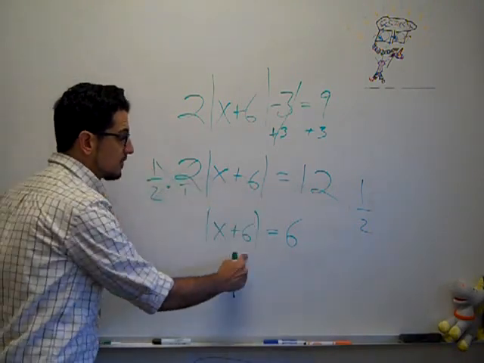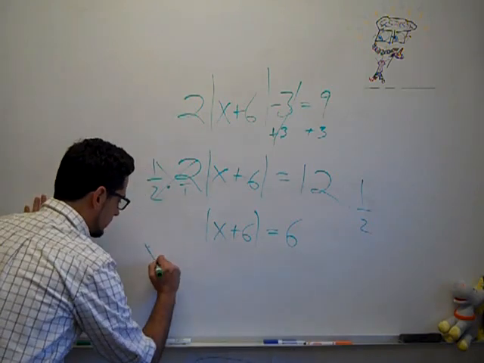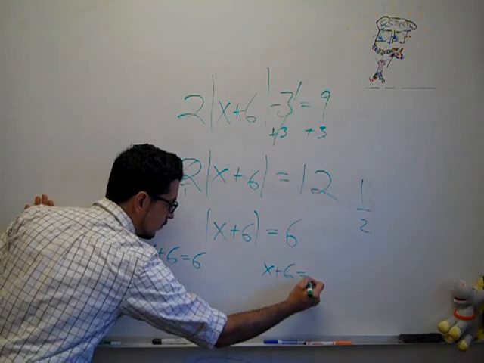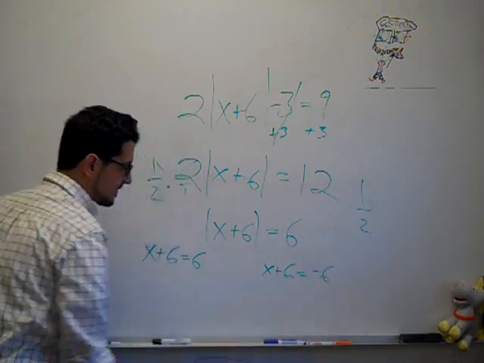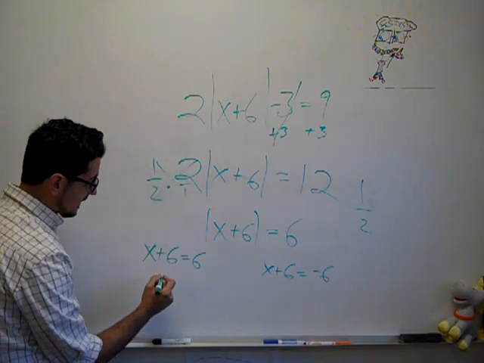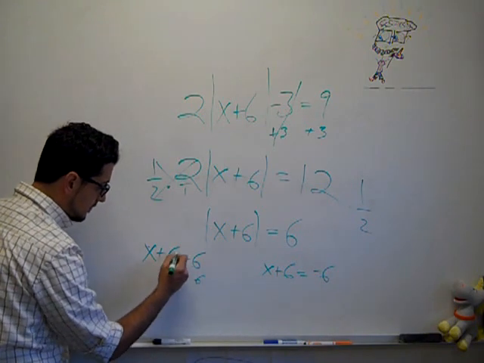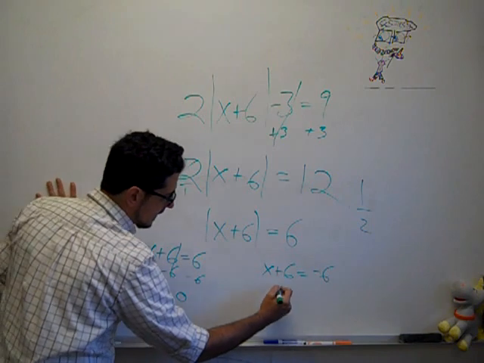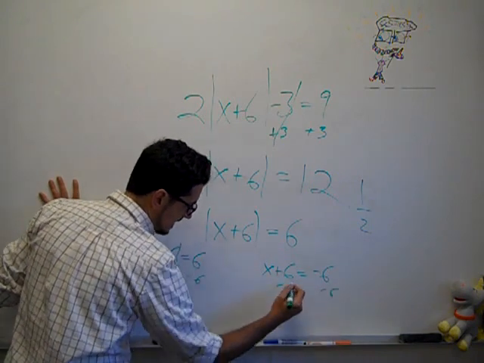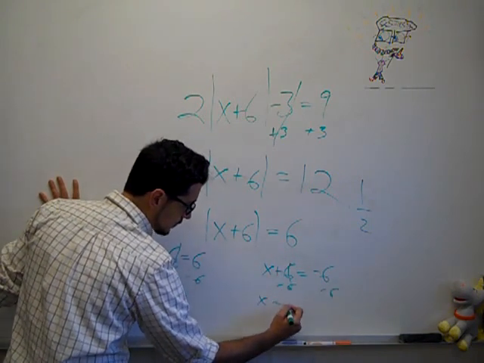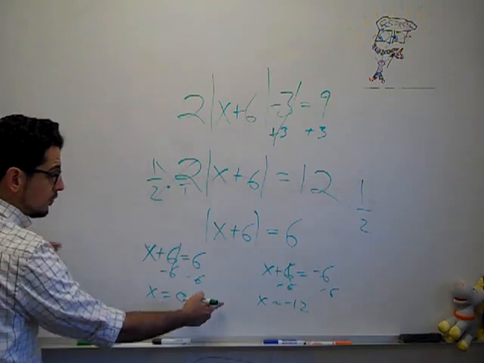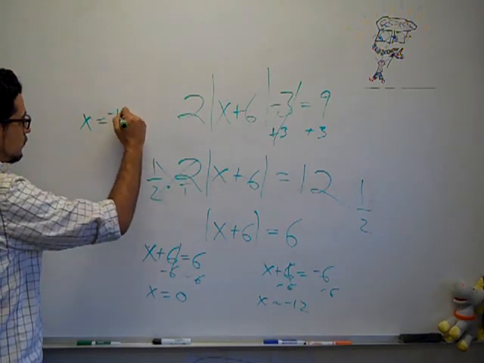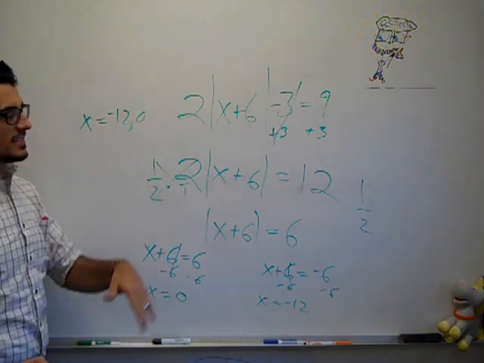So now I can say x plus 6 equals 6, and x plus 6 equals negative 6. Then I isolate further. I subtract 6 from both sides, and I end up with x is equal to 0. Or I can subtract 6, and I get x is equal to negative 12. And these are my 2 values again. So x will be equal to negative 12 or 0 in these cases.